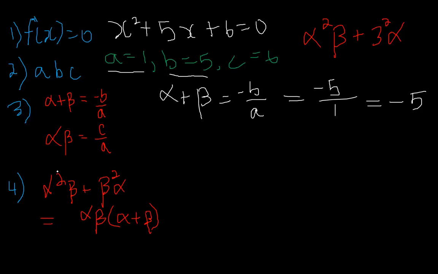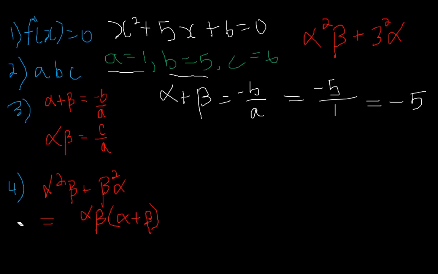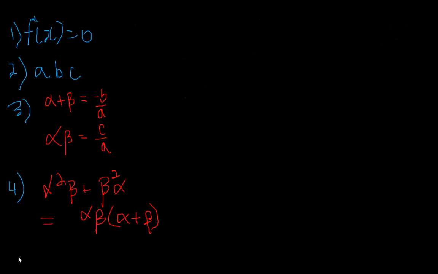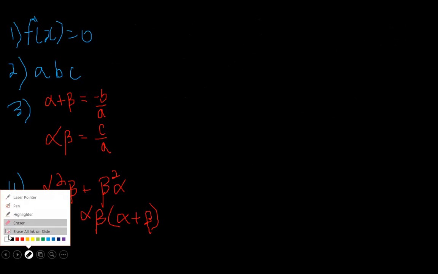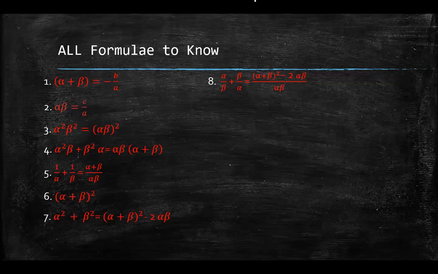Okay, nice. Let's try one more, and then we can move on to the other one. So we're still trying to find, actually, I want you to use which quadratic?